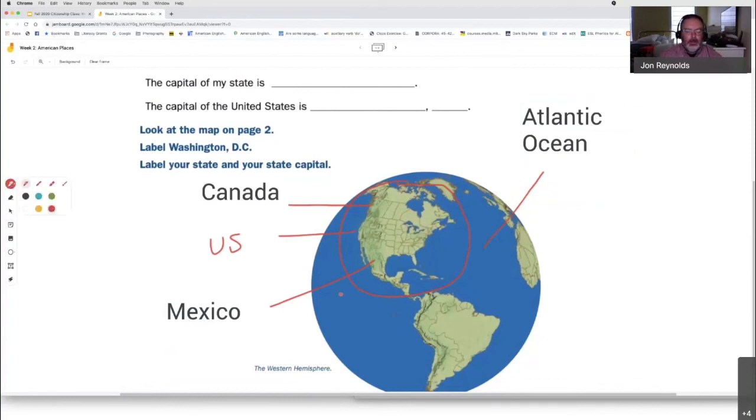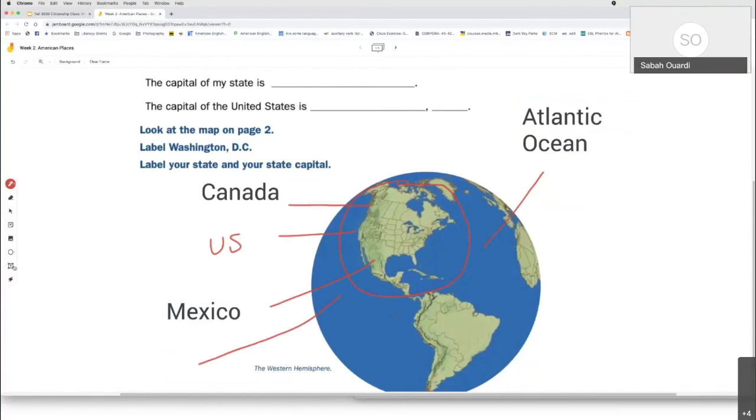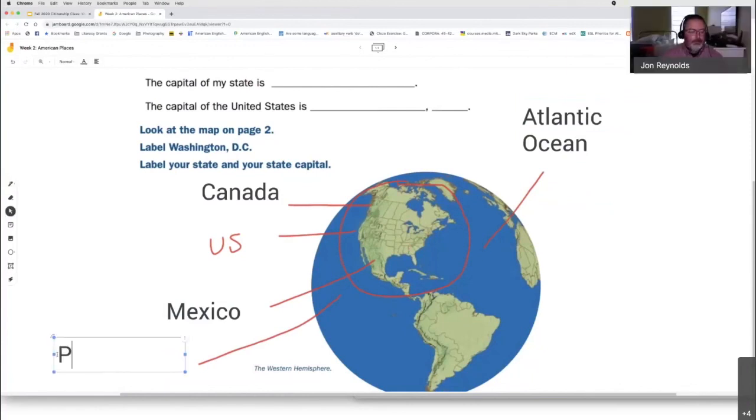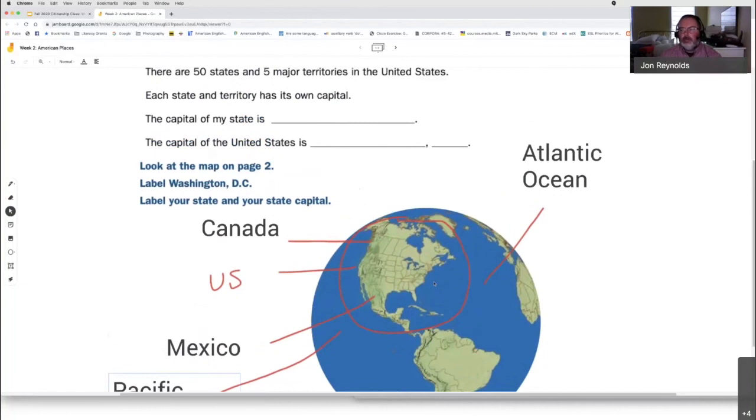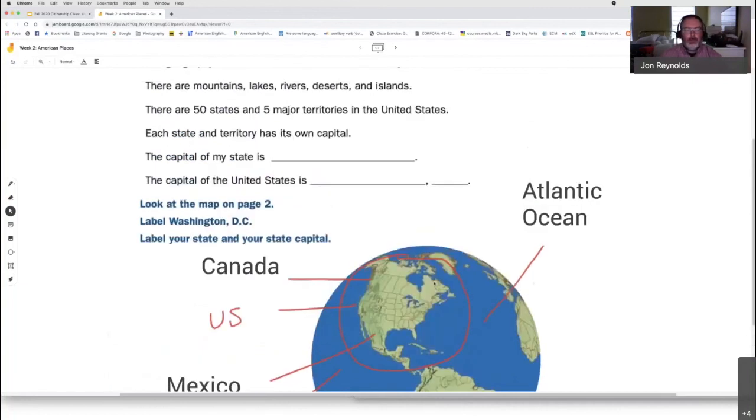Does anybody know the name of the ocean on the west coast of the United States? Pacific? It is the Pacific. Yes, the Pacific Ocean. All right, very good. So once again, we've got Mexico, we've got Canada, we've got the Atlantic Ocean and the Pacific Ocean. So that's, again, a good start for us to think about when we think about the geography of this part of the world, okay?